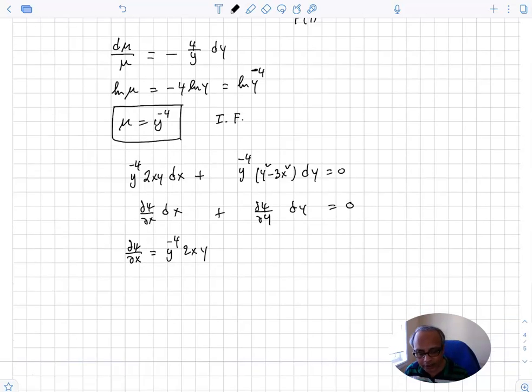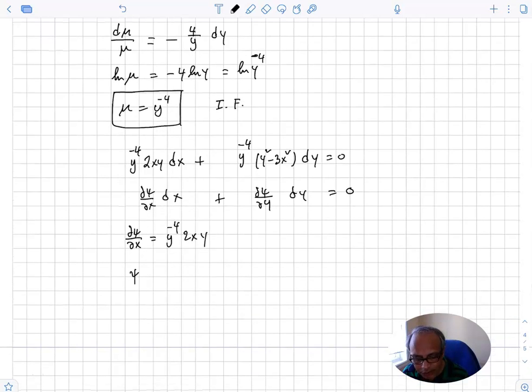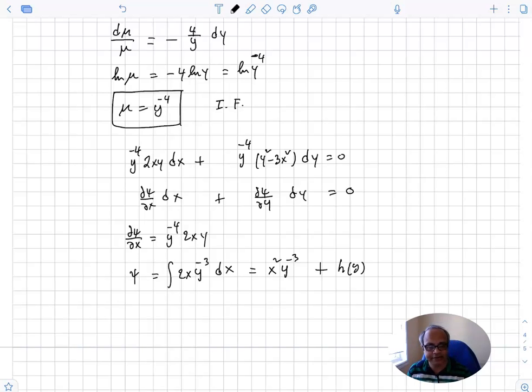by writing this, which you can integrate, and the integration is with respect to x, and since it is with respect to x, y to the power minus 3 is a constant, so antiderivative of 2x is x square y to the power minus 3 plus a constant of integration, which I'm going to write as a function of y because y is kept a constant.